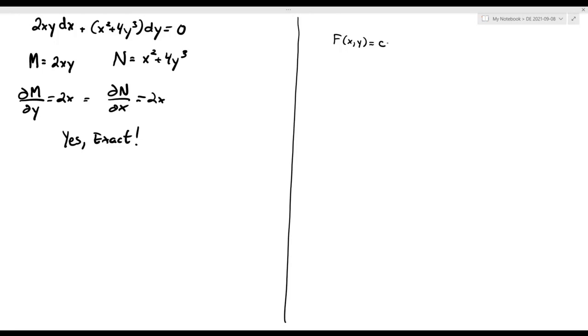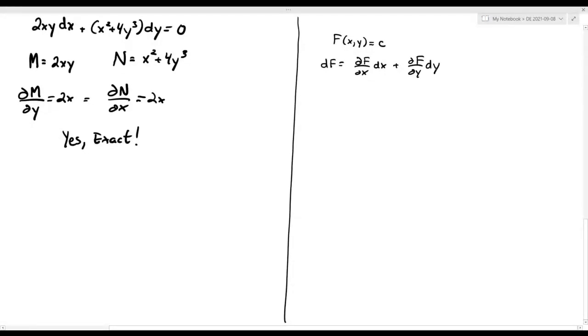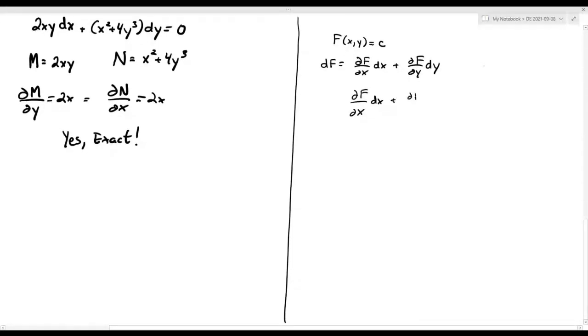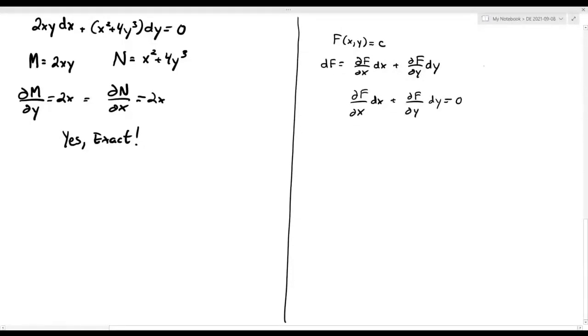So now compute the total differential on both sides. So remember that the total differential is where you differentiate your function with respect to all the variables times the corresponding differential. And then on the right-hand side, the differential of a constant is 0. So we get this first order differential equation in differential form, equal to 0.